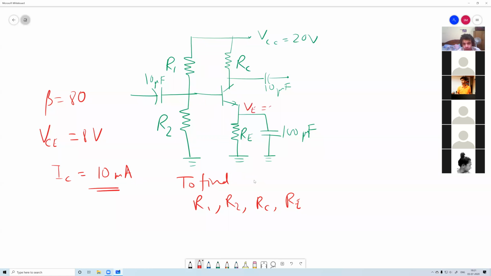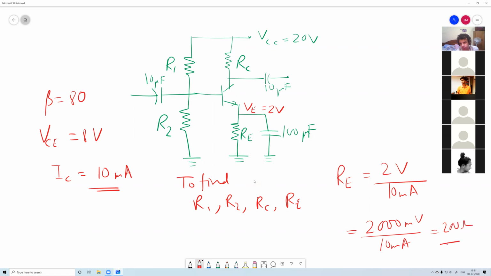VE is 2 volts. Now try. Clearly then, RE is simply Ohm's law, 2 volts by 10 milliamps. So that is 2000 millivolts by 10 milliamps, so that is 200 ohms. RE is known.